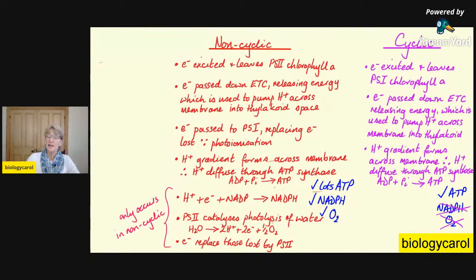The production of NADPH, because only in non-cyclic photophosphorylation do you have this loose electron, and only photosystem 2 catalyzes the photolysis of water, so only oxygen is produced.